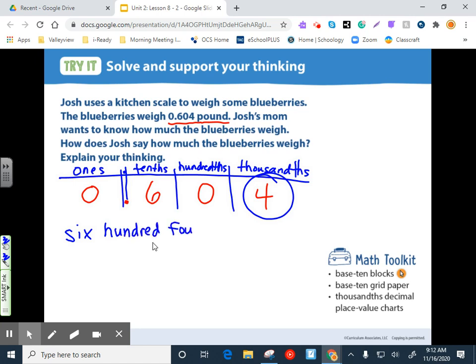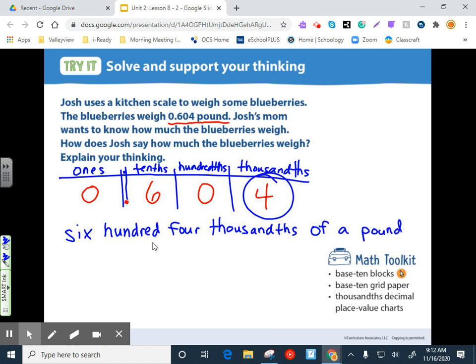And then to name it, we use that smallest place value, which is thousandths, just like that. 604 thousandths. Remember, don't use the word and, because if we ever use and, that will mean we've got a whole number and a decimal involved with that. So we don't want to do that. 604 thousandths. And you can add of a pound here if you want to be totally accurate.